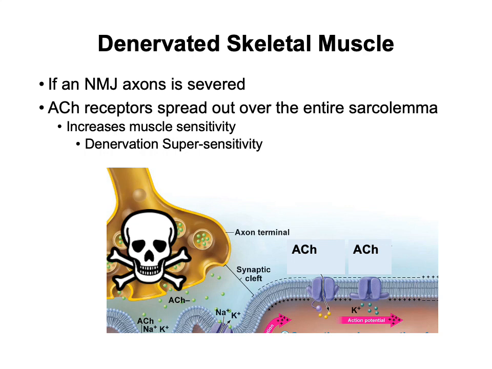This will increase the sensitivity, so any nearby neuromuscular junctions releasing acetylcholine that dissipates out of the synaptic cleft, these other acetylcholine receptors along the sarcolemma may be able to bind some of it and help that skeletal muscle maintain some contraction and some health.